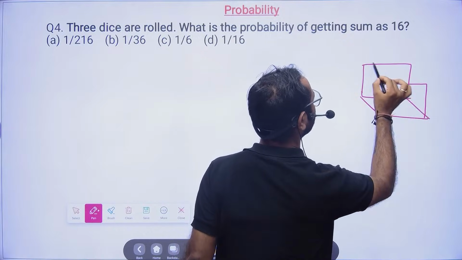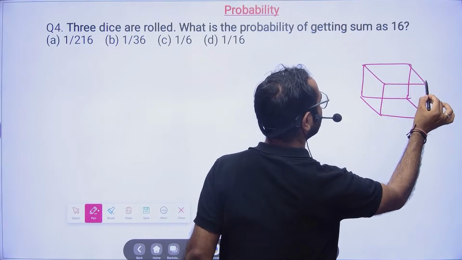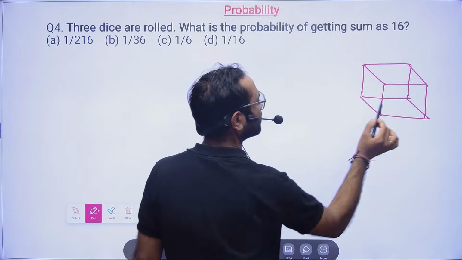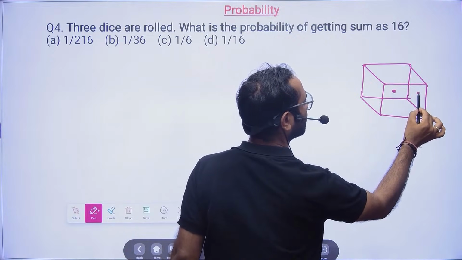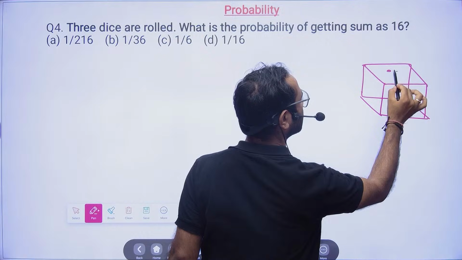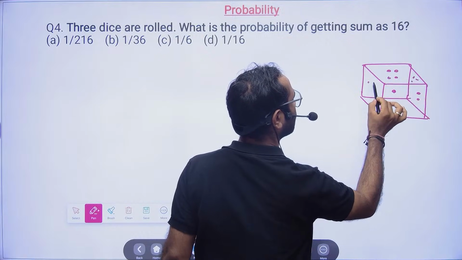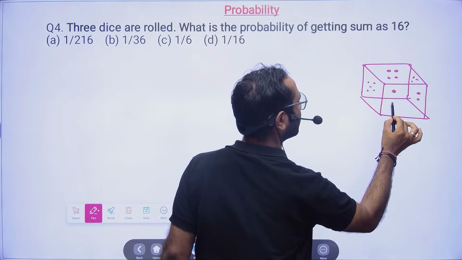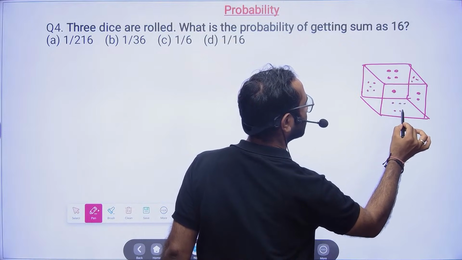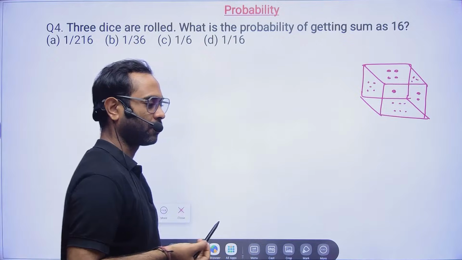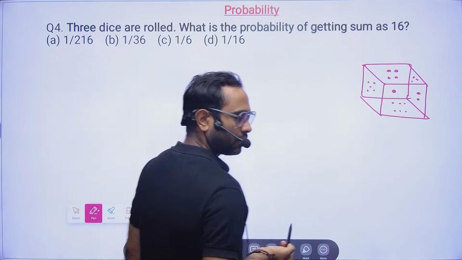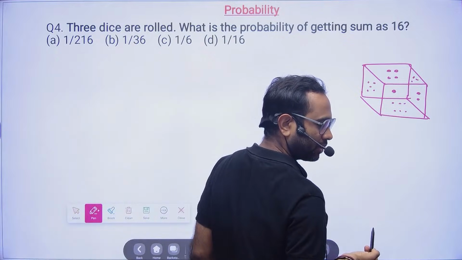So this is exactly your dice. On dice 1 will be there, 2 will be there, 3, 4, 5, and then 6, right? Ludo dice only.